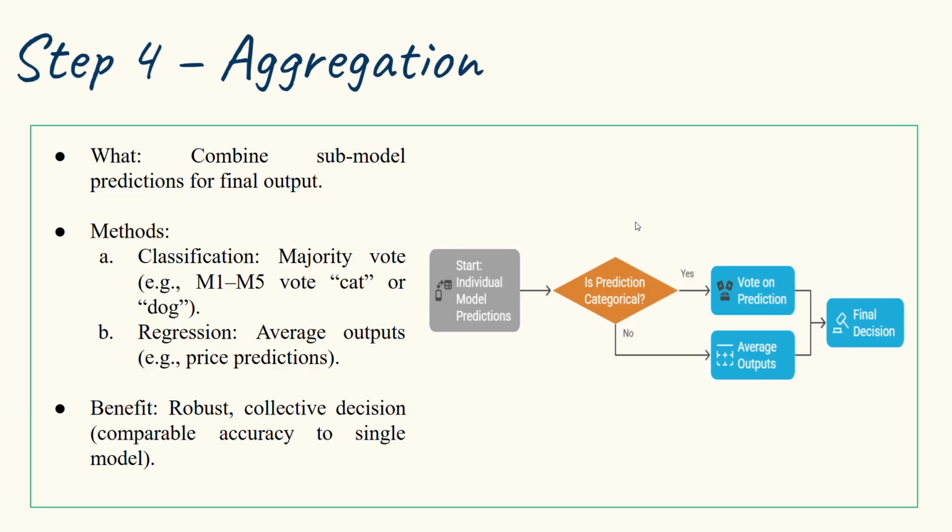So the final answer is cat. But for numeric output, like predicting a price, we just average their results. It's like getting input from a jury. Everyone weighs in and we get a well-rounded final decision.